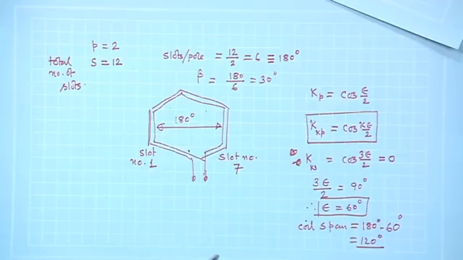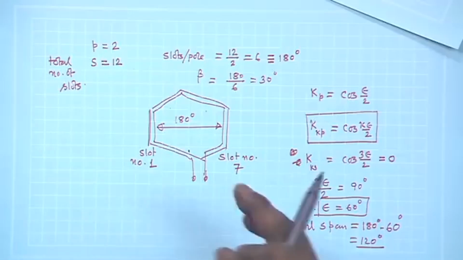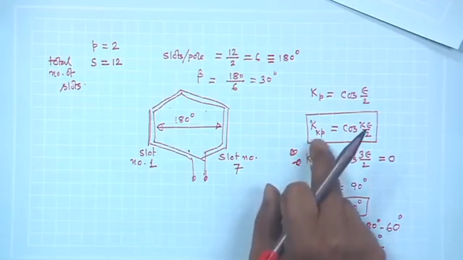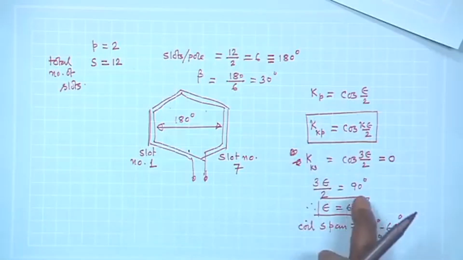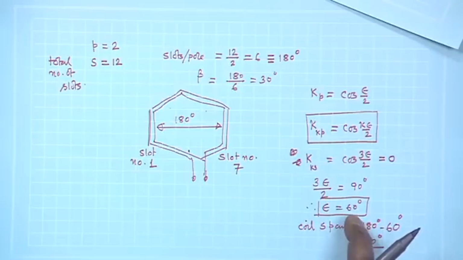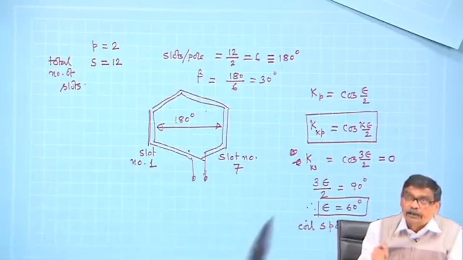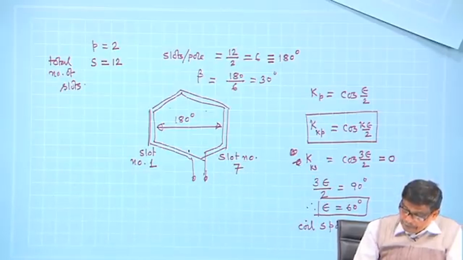If you make 120 degree, then okay, the fundamental voltage will be reduced. There will be a fundamental component Kp also, because the epsilon value is 60 degree for the fundamental. So, that will be reduced by a factor cosine 30 degree, cosine epsilon by 2, no doubt.